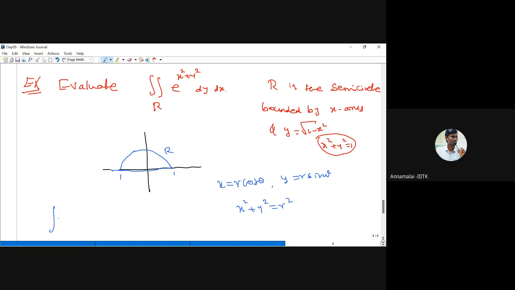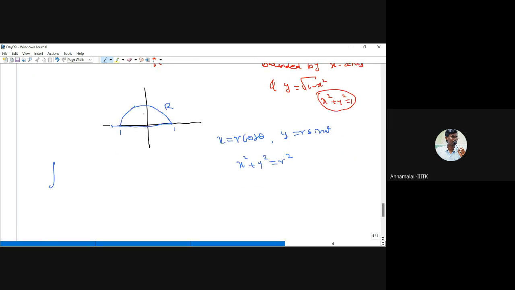What is the angle? From 0 to pi. What is the radius? It is 1. So theta goes from 0 to pi, and the radius goes from 0 to 1, because the unit circle radius is 1. Into e power x square plus y square, which is nothing but e power r square, into the general one, r dr d theta.